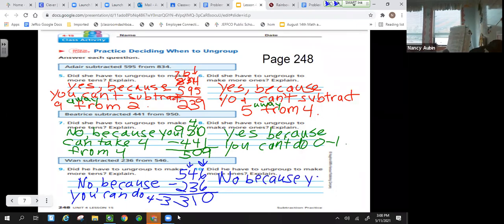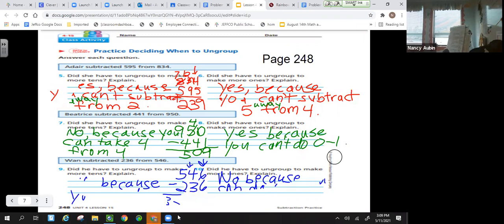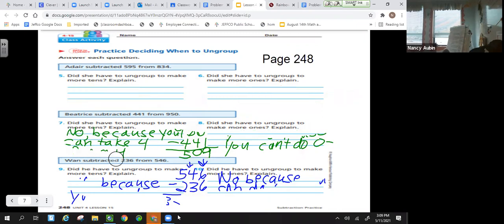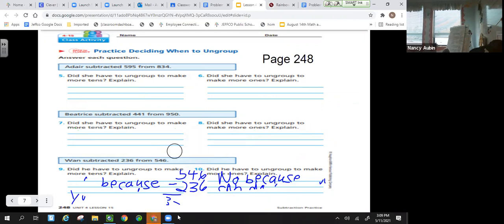Can't you? Yes, no, maybe? You can do 6 minus 6. All right, so I just want to make sure you're not ungrouping or making new groups just to do it. That's not the way. You make new groups so that you are able to subtract and not have to go into negative numbers.